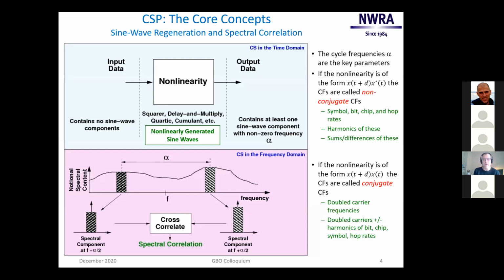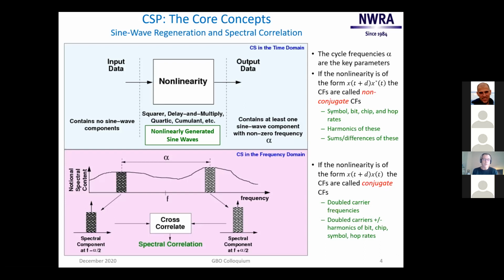We name them alpha and we call them cycle frequencies. When we look at the separations in the lower plot between correlated bands, those separations are the same numbers as the sine wave frequencies in the upper part. So it's really just two sides of a coin, or two ways of looking at the same property of a stochastic process called cyclostationarity. The key to all of it is this set of numbers, the cycle frequencies.